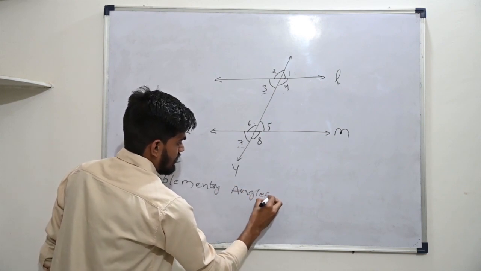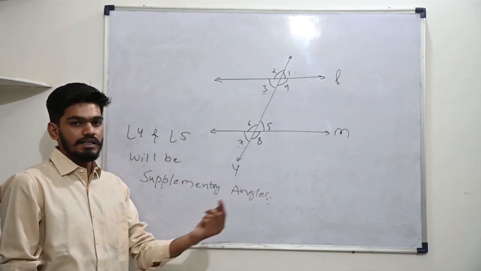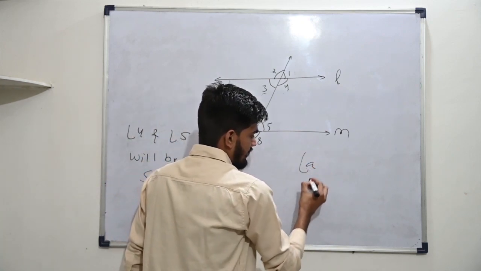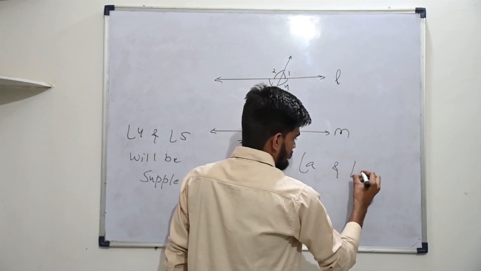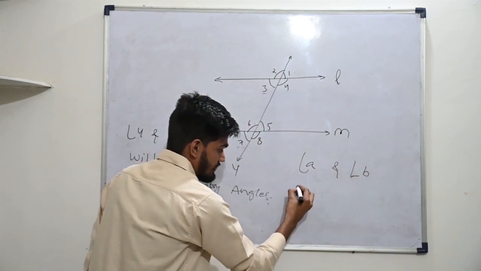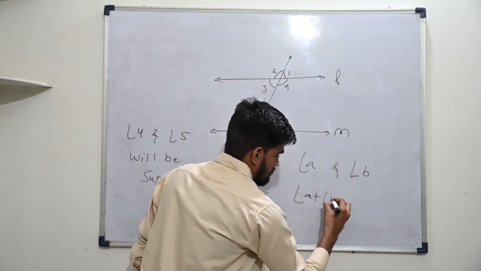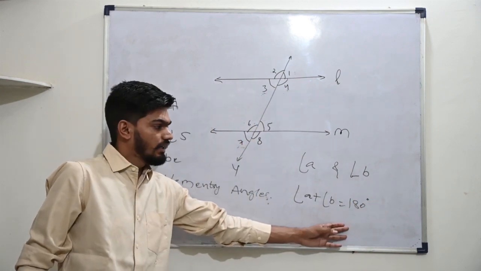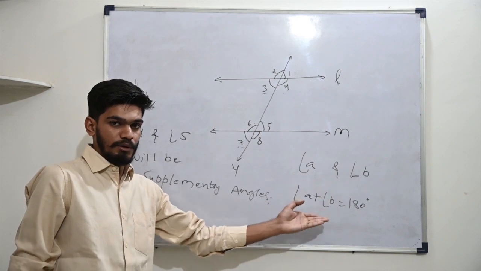supplementary angles. Now what are supplementary angles? Let's have an idea about it. Let's say there are two angles, angle A and angle B. If their sum is 180 degree, then both the angles are called supplementary of each other.